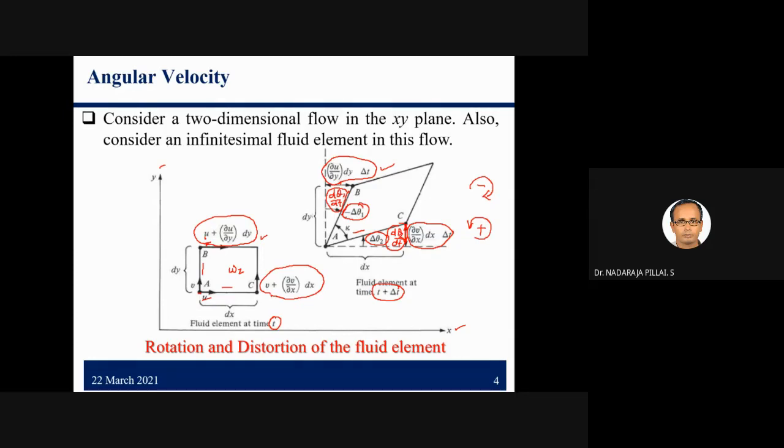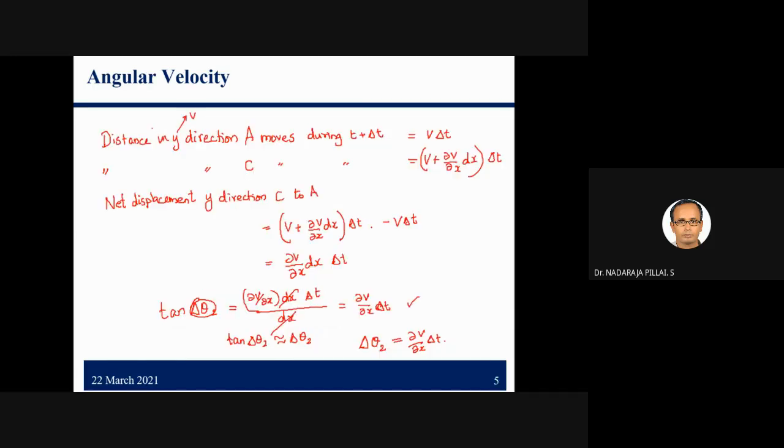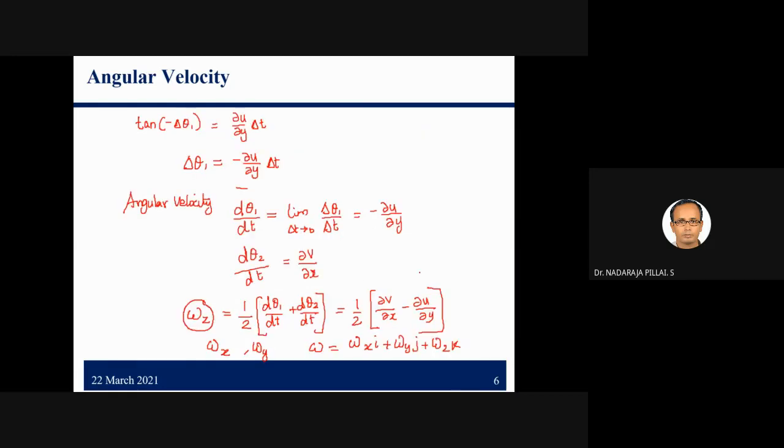So we first calculate this distance and this distance, and we have del theta 1 and del theta 2, and angular velocity is d theta 1 by dt.